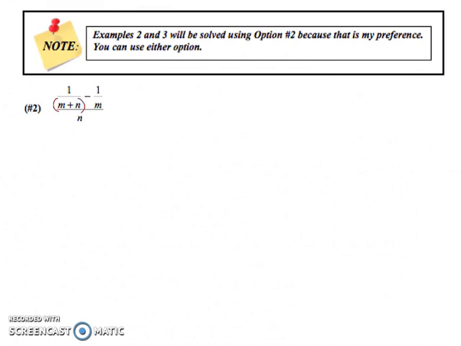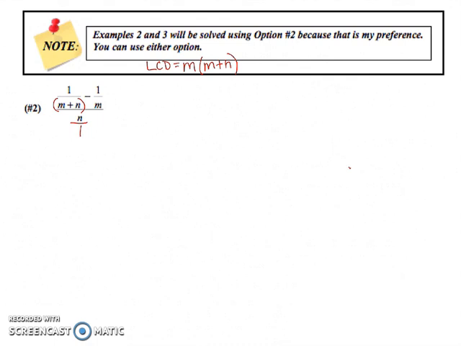This denominator is m. And this denominator is a 1. So my LCD is going to be m plus n, that family, times m. So m times m plus n. That is what I have to multiply every numerator by.